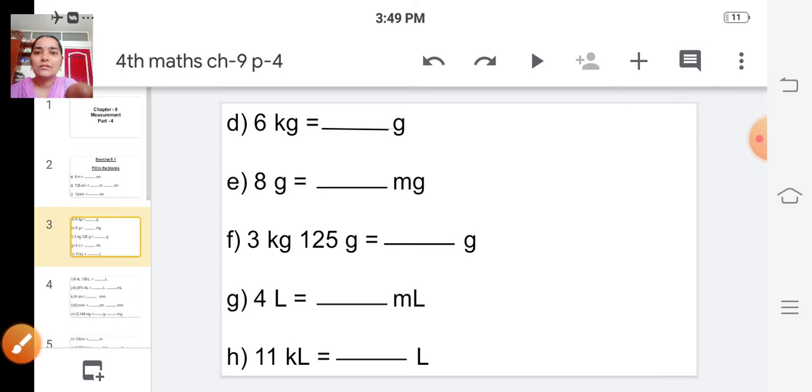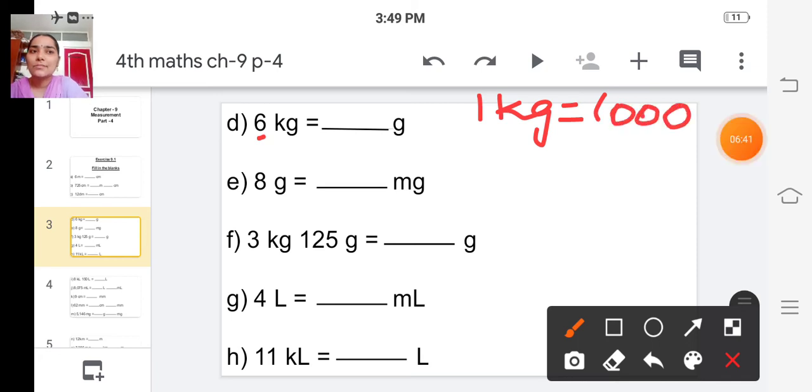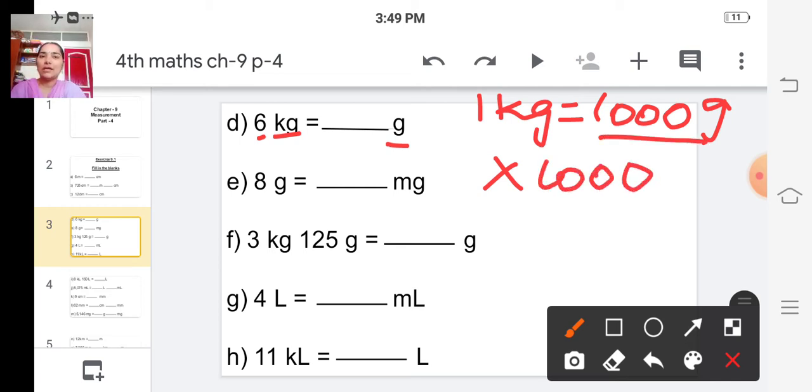And the next one, D, 6 kilogram is equal to dash gram. So first let's know 1 kilogram is equal to 1000 grams. Then we are going to convert kilogram into gram. From bigger unit to smaller unit, we have to multiply by 1000.